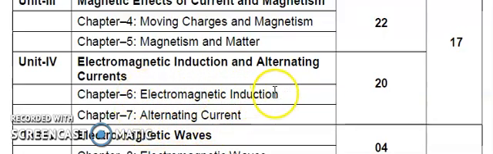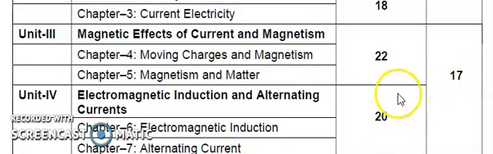So in electromagnetic induction, the phenomenon of inducing the current, we will study how to induce the current in the given circuit, and a type of induced current, alternating current. Okay, you can see unit 3 and unit 4 together consist of 17 marks according to the board's decision.